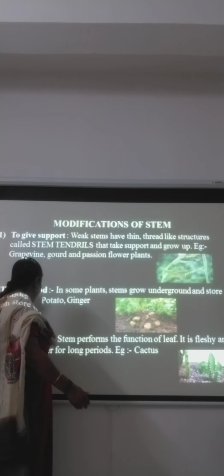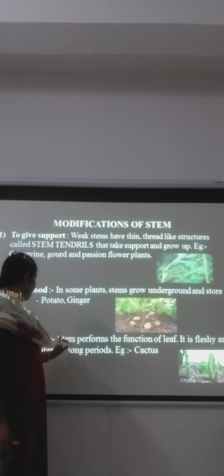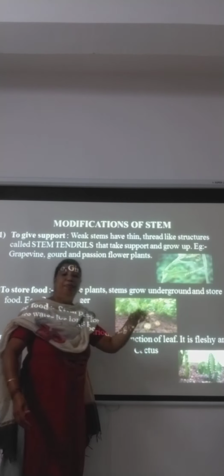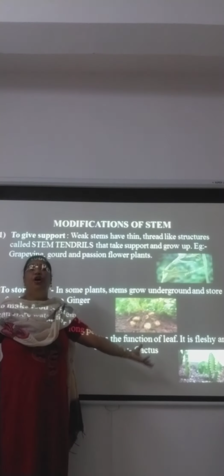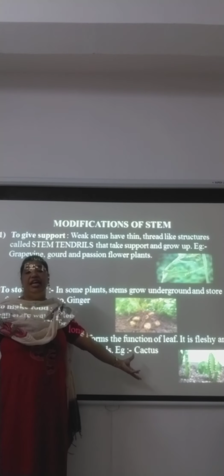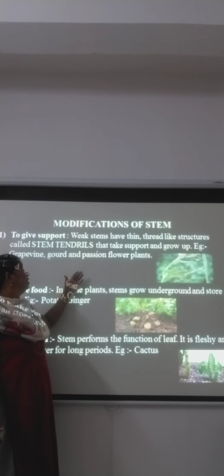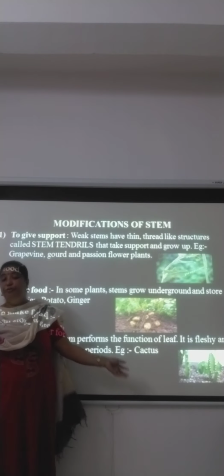Such modified plants make the food in the stems. They start preparing the food which is in the form of a leaf over here in the cactus plants. Understood, children? So these are the modifications of stem.